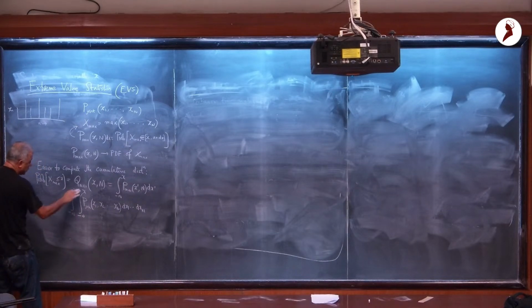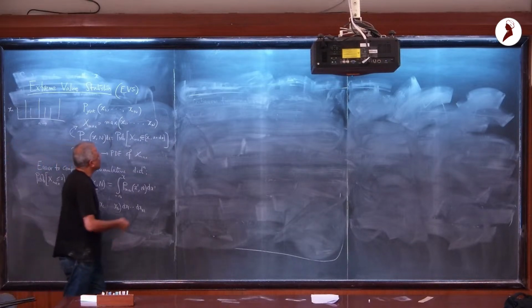So you have an integral going from minus infinity to x. This x was, remember, the hard wall that we discussed yesterday. That means I'm asking what is the probability that all of them lie to the left of x. So that's the exact formula for any joint distribution. And now the question is how to analyze this.